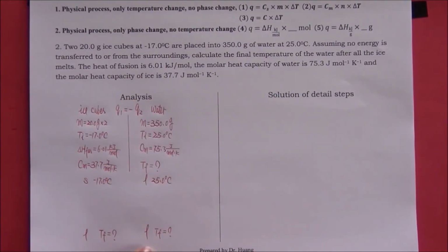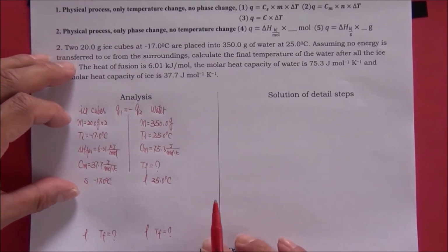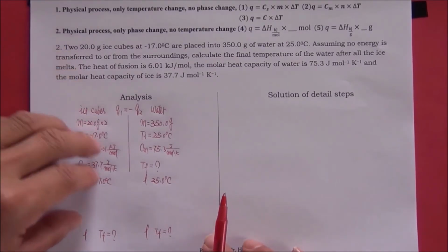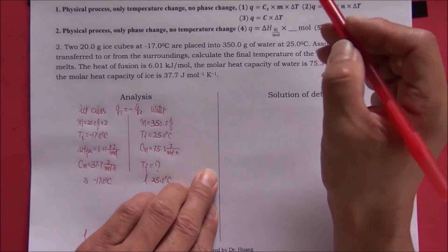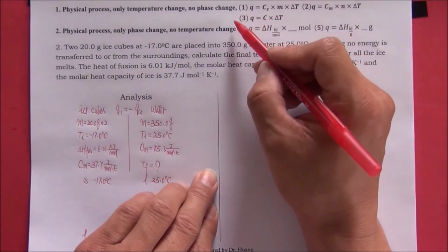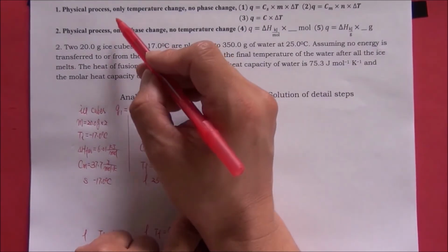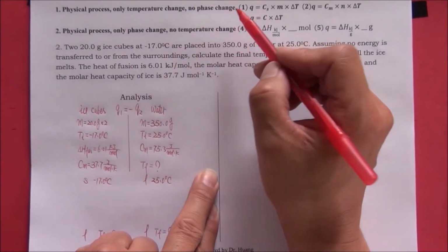Let's see what kind of calculations we need in order to find the solution for this problem. In order to calculate the heat, we have 5 equations to use. The first 3 equations can be used to calculate the heat whenever there's only temperature change, but no phase change.